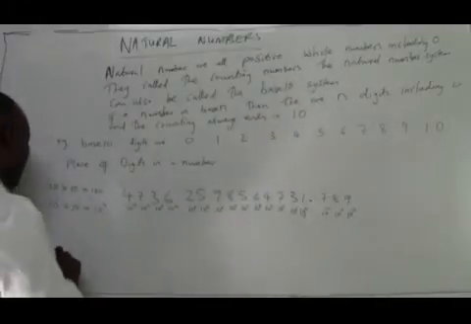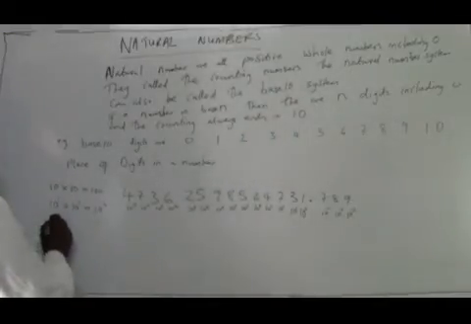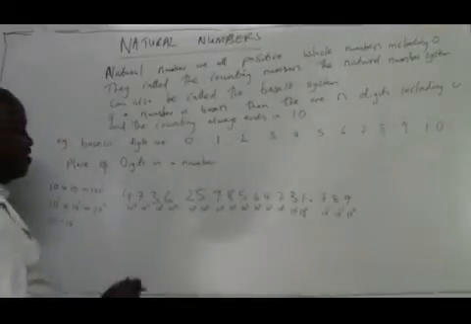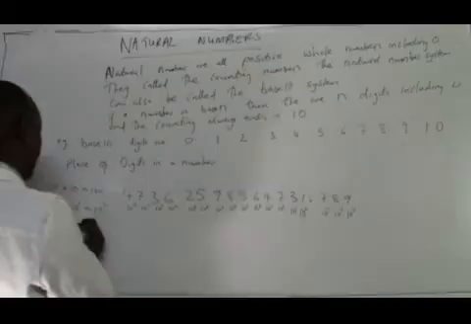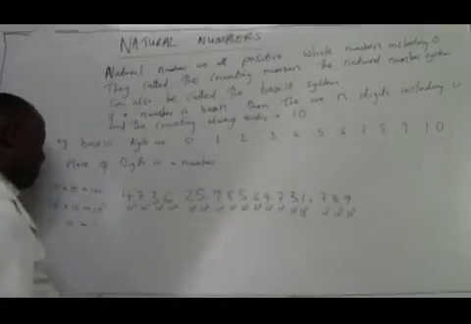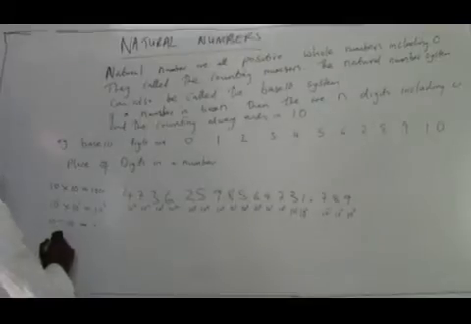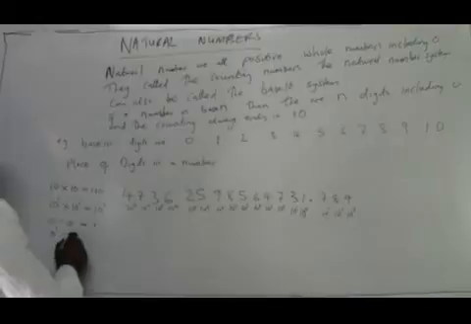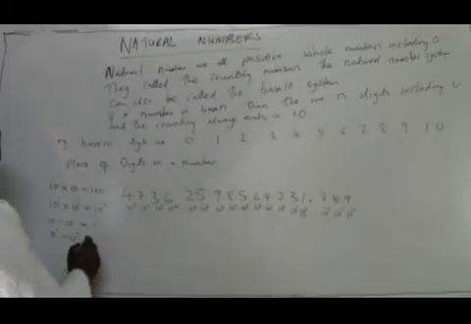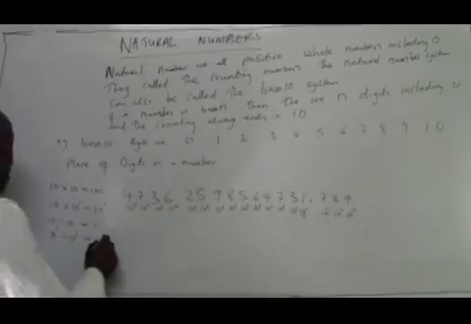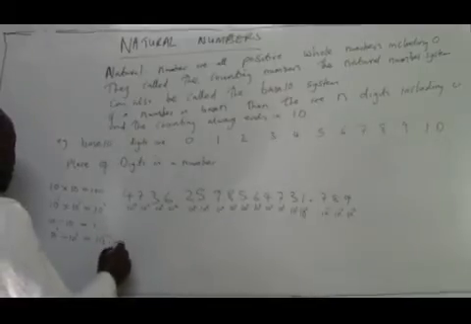If you have 10 people and you divide by 10, you should get 1. We can use that in terms of powers. 10 to the power of 1 divided by 10 to the power of 1 will give us 10 to the power of 1 minus 1, so it's 10 to the power of 0.